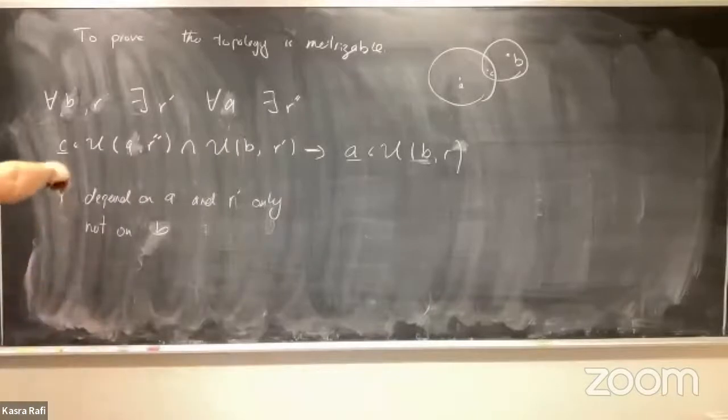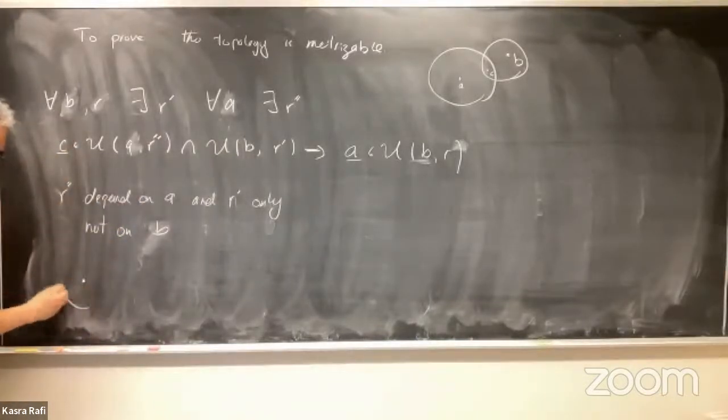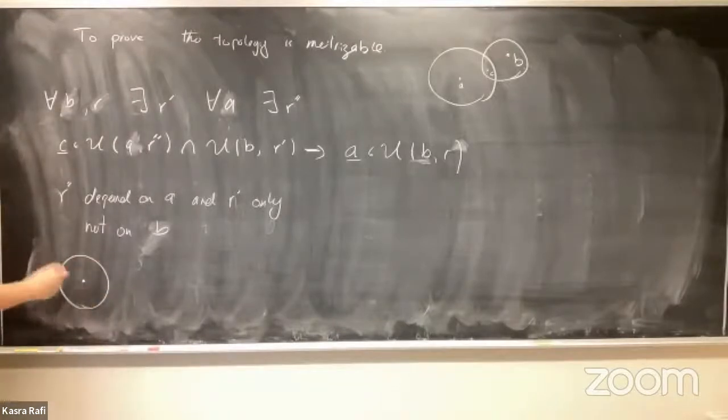Okay, so let me draw the picture again. So here it means, I'm going to erase that. For every B and every R, there exists an R prime.